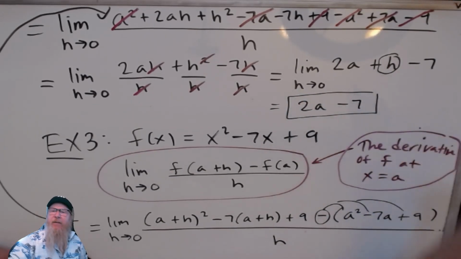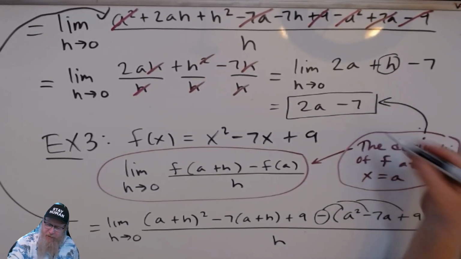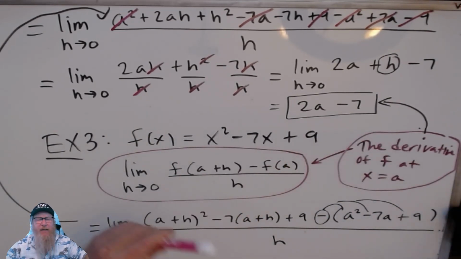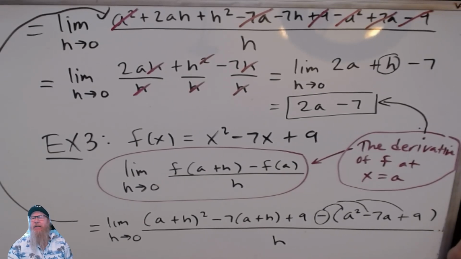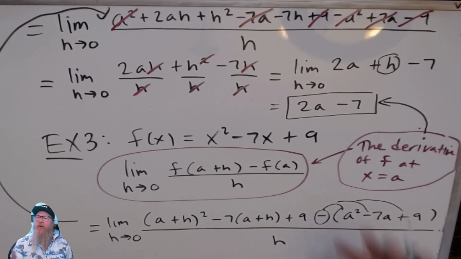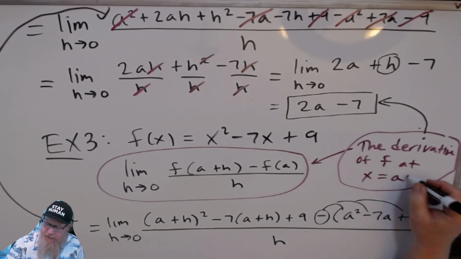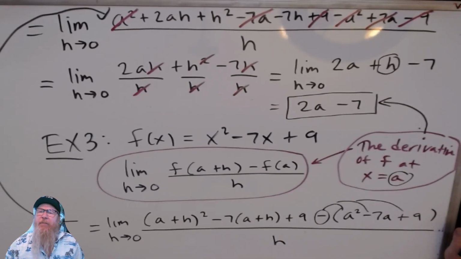There you go. So this is the derivative of f of x at a. If the question was just asking for that, then I'd be done. If the question was asking for a particular number, then I could plug in that number.